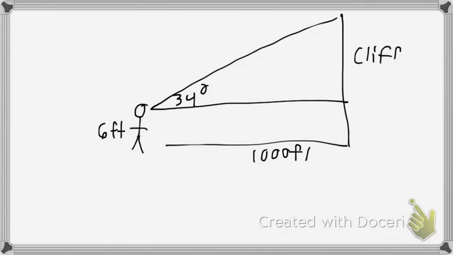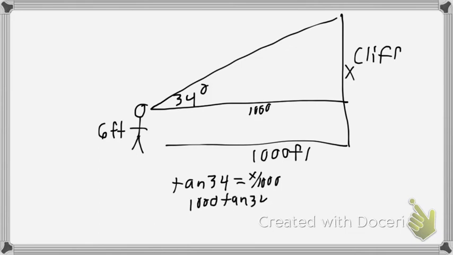So he knows that the cliff height, which is called x, so he knows that the tangent of 34 is going to be equal to x over 1,000. Multiply both sides by 1,000, we get 1,000 times the tangent of 34 equals x. Plug that into a calculator, and we get x equals 674.5. But we need to add 6.